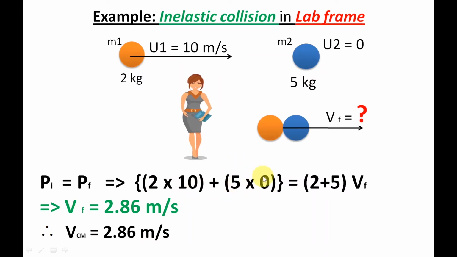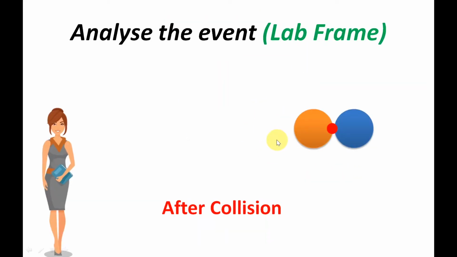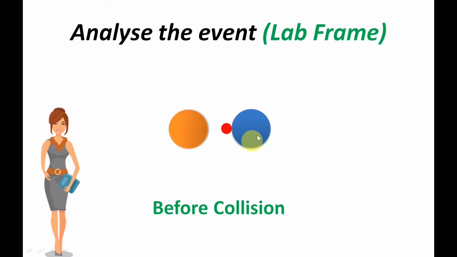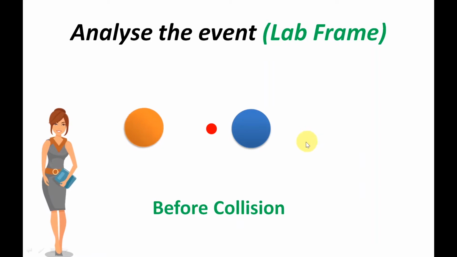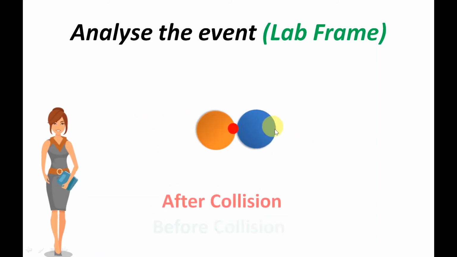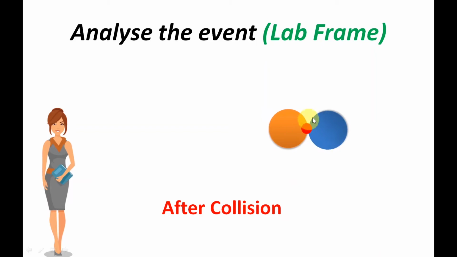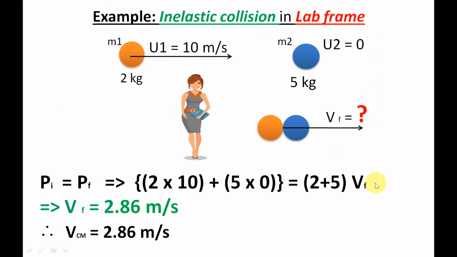So this whole thing will be the initial momentum of the system, and this will be the final momentum of the system. Since these two particles collide with each other, after collision both particles will have the same velocity. So we can take the velocity common, and 2 plus 5 is the mass of the system: 2 is the mass of the orange ball, and 5 is the mass of the blue ball.